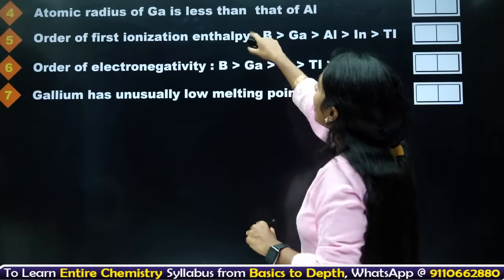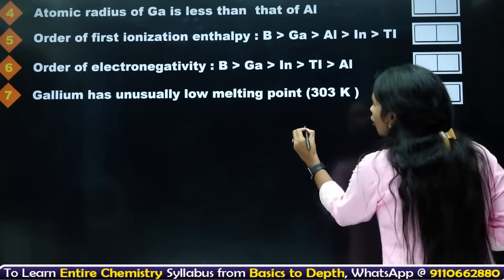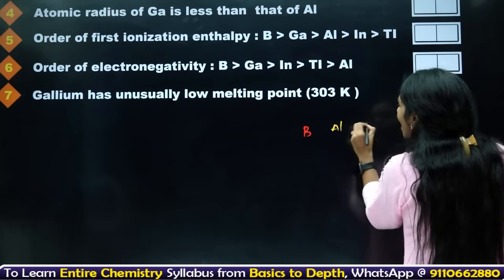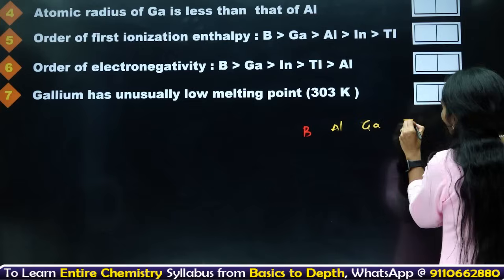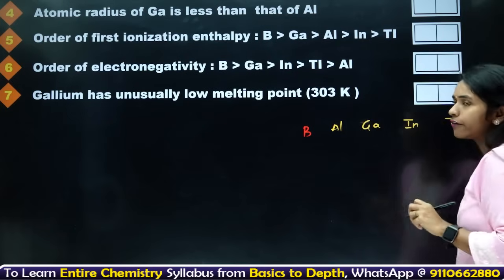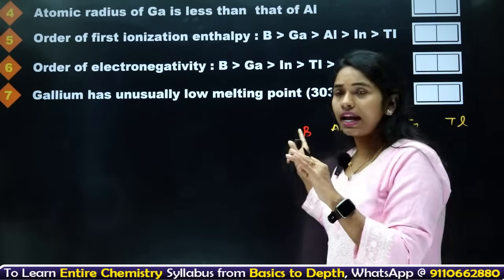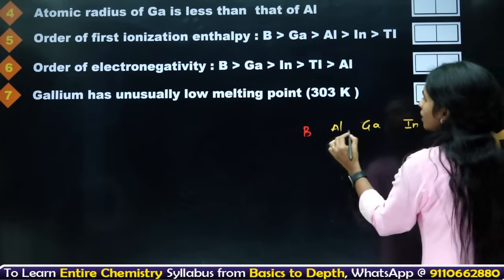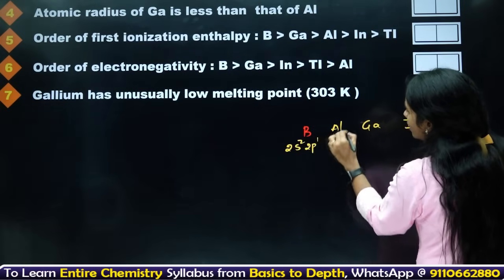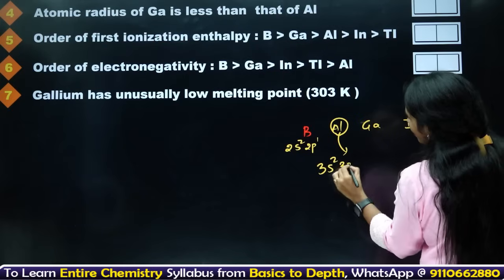Atomic radius of gallium is less than that of aluminium. Let us see. Boron, aluminium, gallium, indium, thallium. In the previous video I made the best video on the boron family; there I clearly explained the radius order. Let us say in short. Boron is 2s2 2p1. In aluminium the valence shell electronic configuration is 3s2 3p1.